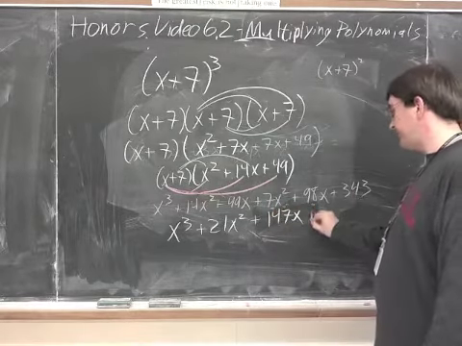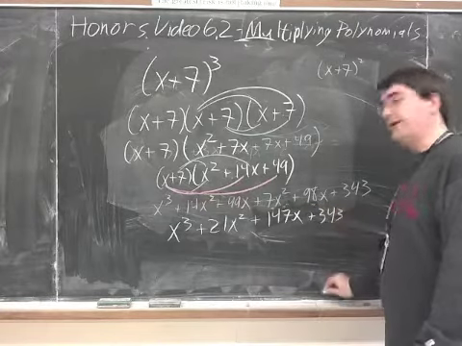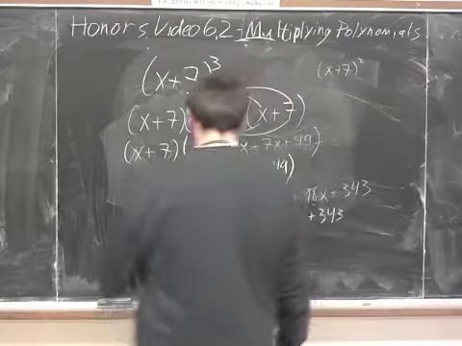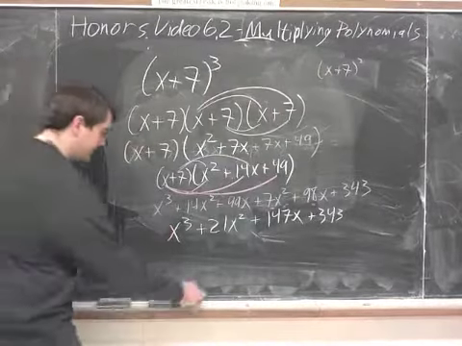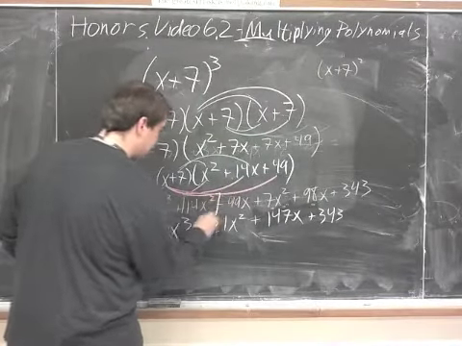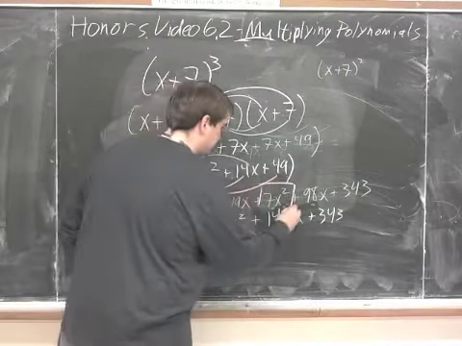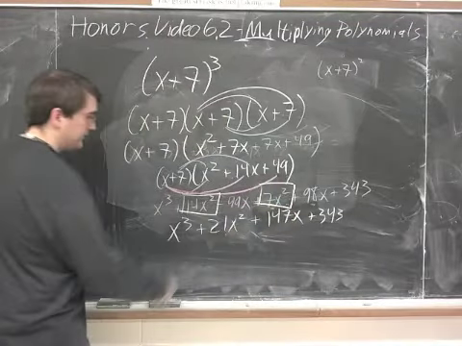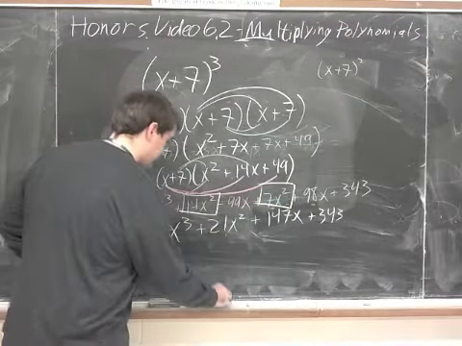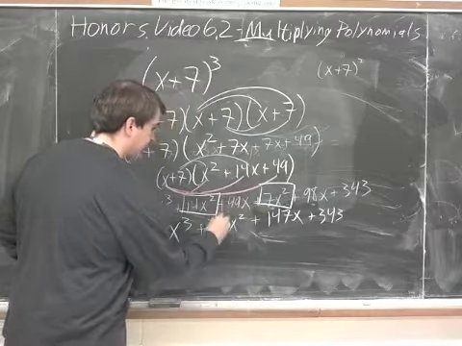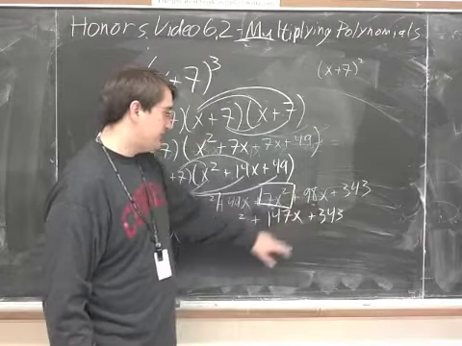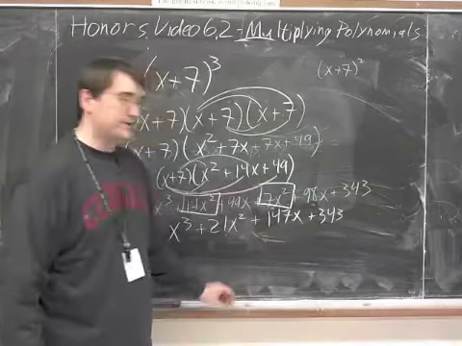And then 343 is 343. So that is my final answer there. I combined the 14x squared with the 7x squared to get 21x squared. And I combined the 49x with the 98x to get the 147x.